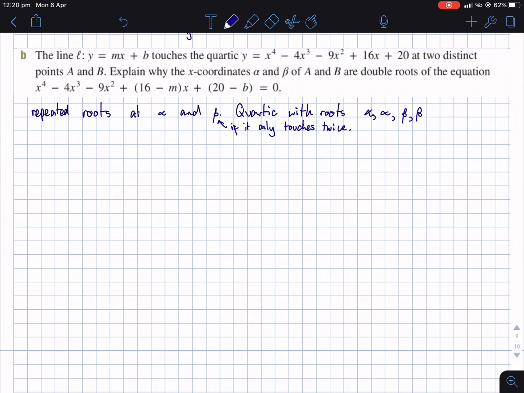Okay, well let's just make the equation. So we have y equals mx plus b, and y equals x to the 4, take 4x cubed, take 9x squared plus 16x plus 20.